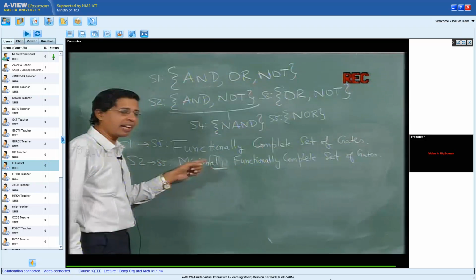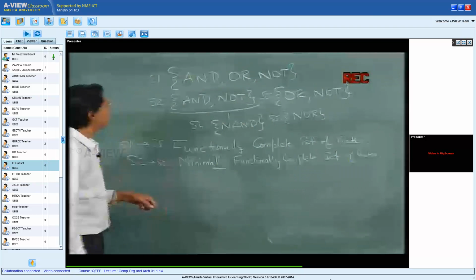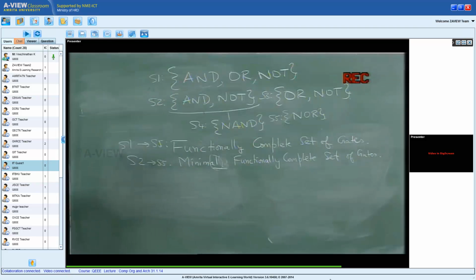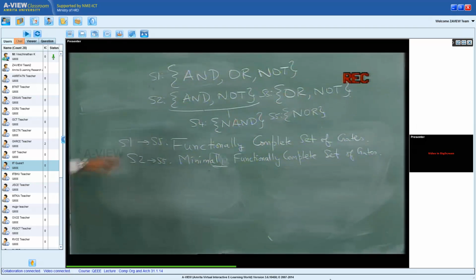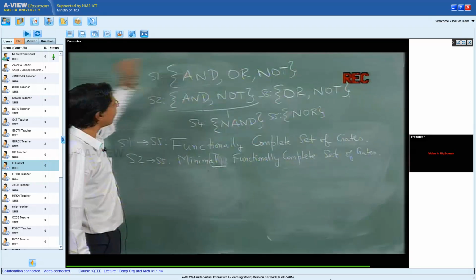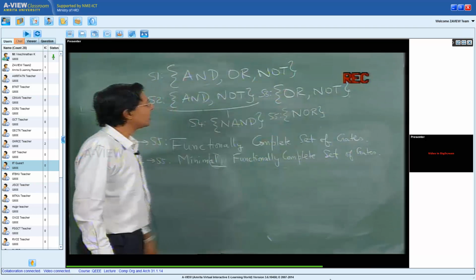Please note again the word minimal. In the case of S1, it is not minimal, because if I take out AND or OR, still using OR and NOT I could realize any Boolean function.